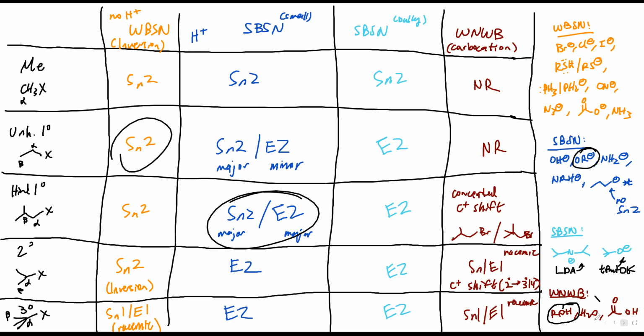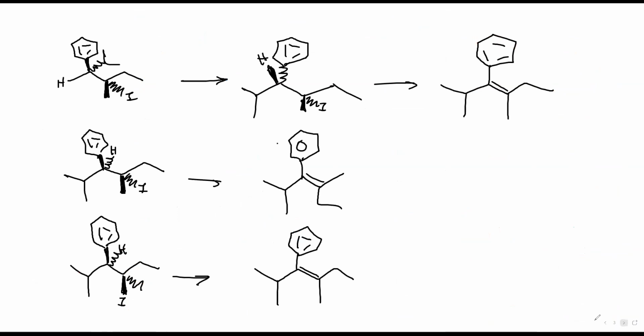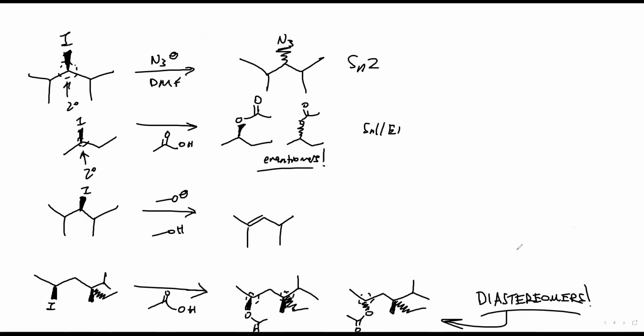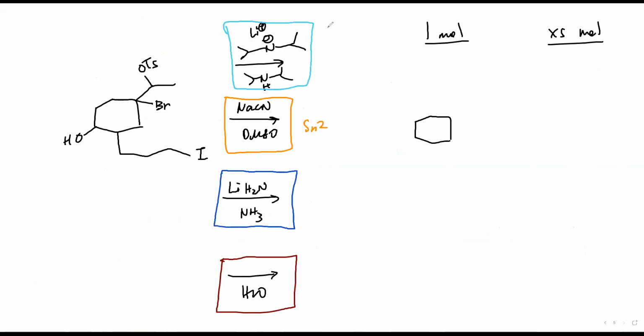It's fast. The less alpha substitution you have, the faster the reaction is, okay? And so that's why we are definitely reacting in the 1 mole situation with only the I center, because it is the least hindered center out of all of these, okay? And all of this stays the same.